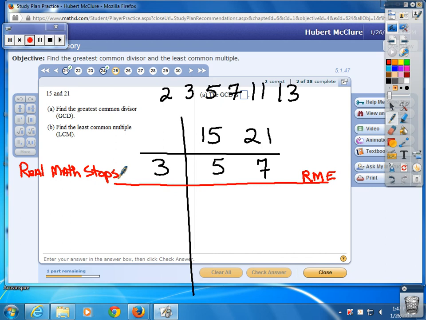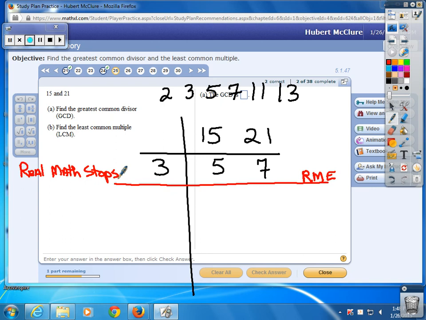We're going to use another type of math, and our goal is to get ones on the bottom. But we can't do that by dividing 7 into both or 5 into both, because 5 will go into 5 one time, but 5 will go into 7 as 7/5, and it doesn't work. So we're not going to use the real math.